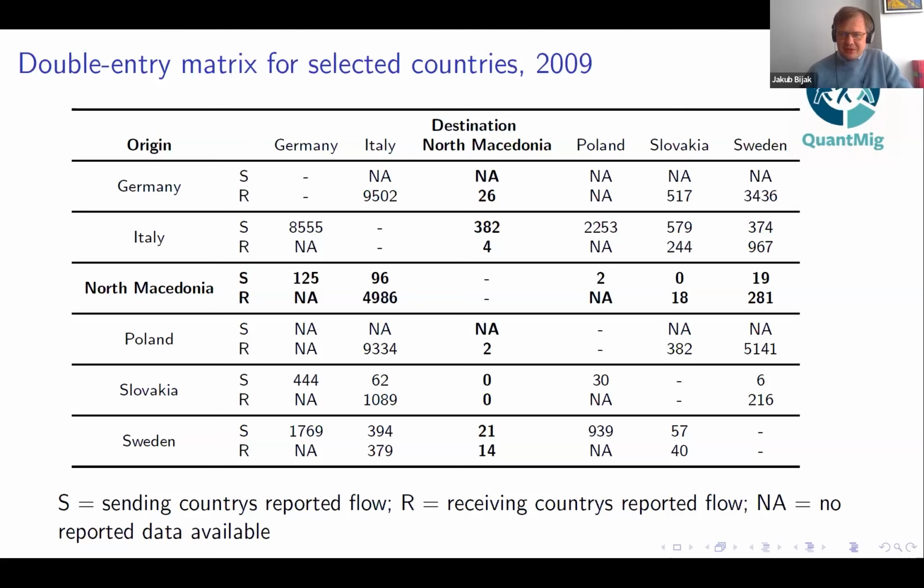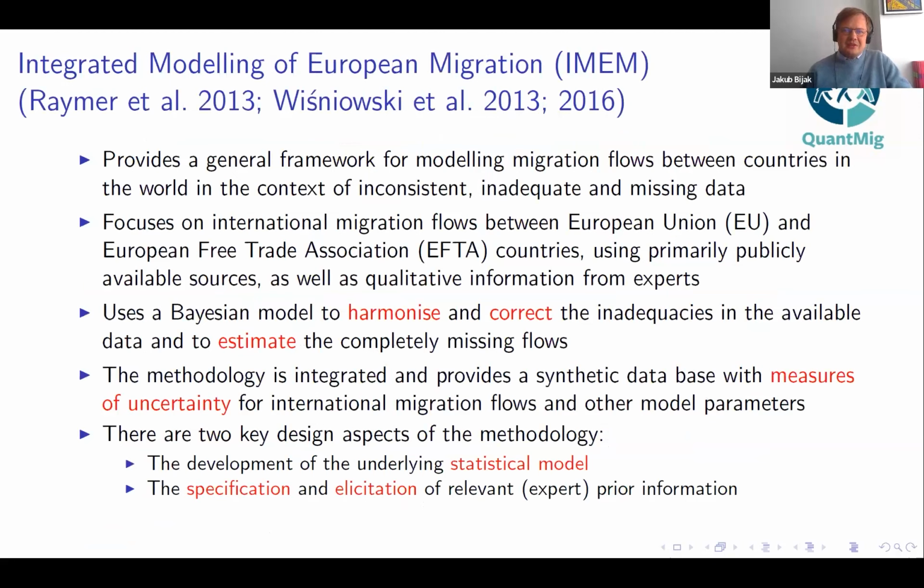The reports that are available differ, and they can differ by, even in the Macedonian case, by several orders of magnitude. And this situation requires a thoughtful approach to combining the information we've got in a common framework.